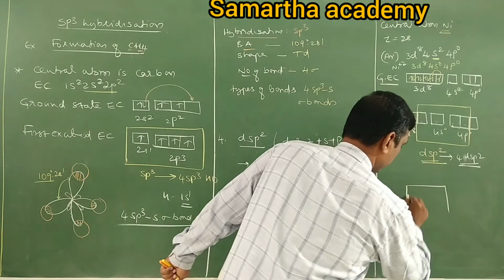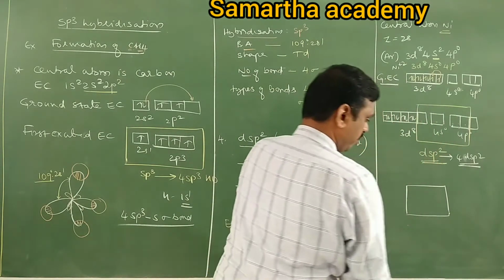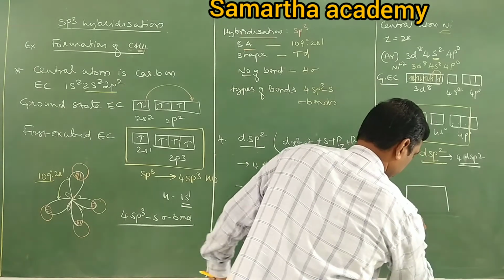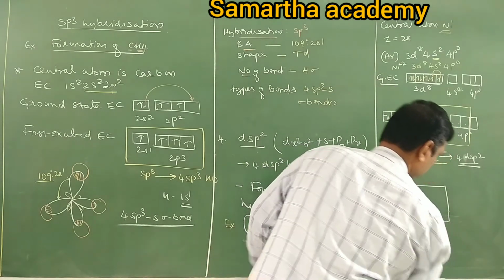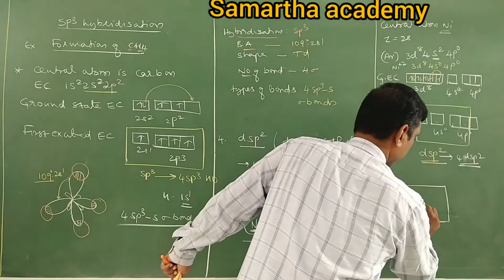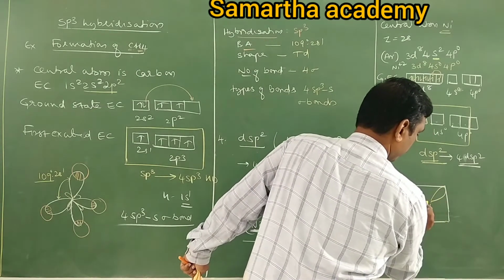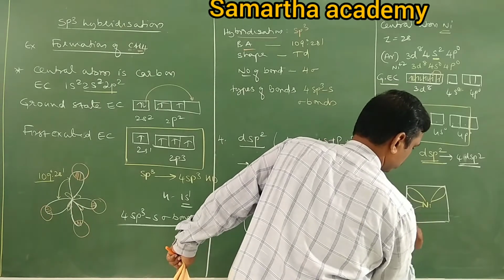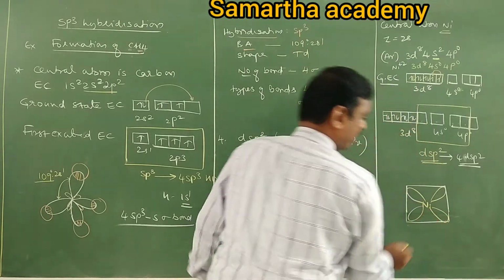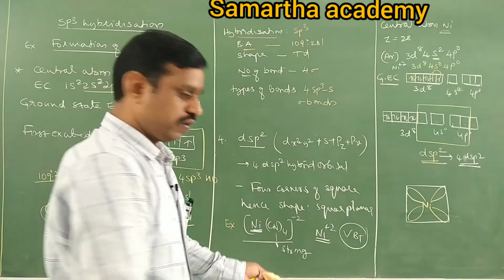At the 4 corners of a square. Nickel is the central atom: first dsp2, second dsp2, third dsp2, fourth dsp2.